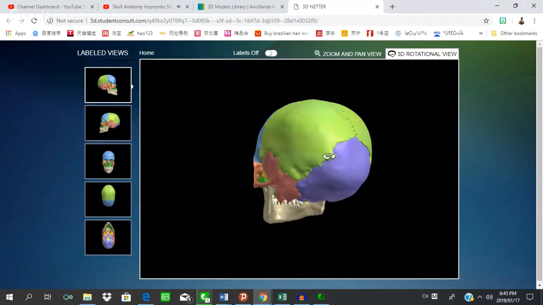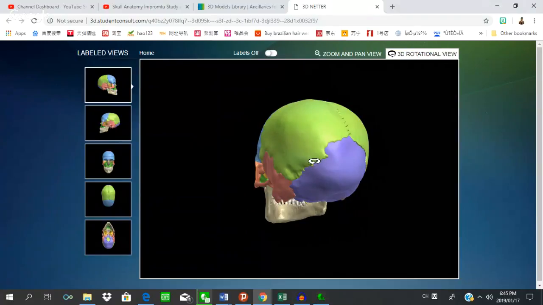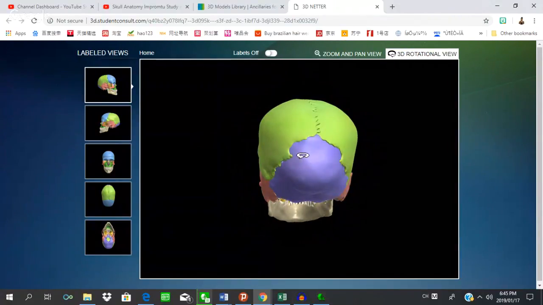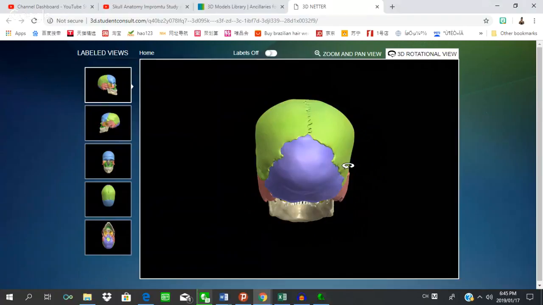Now, here we have the occipital bone joining with the two parietal bones, the left and right.